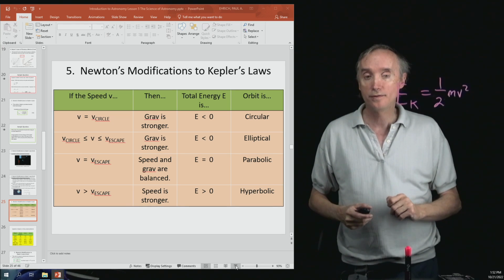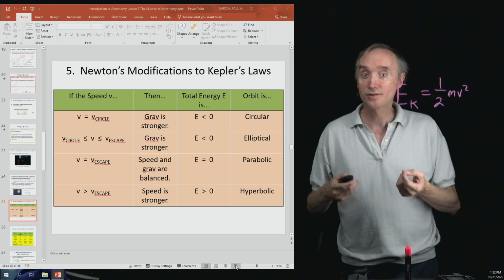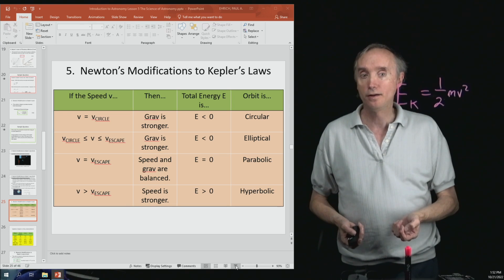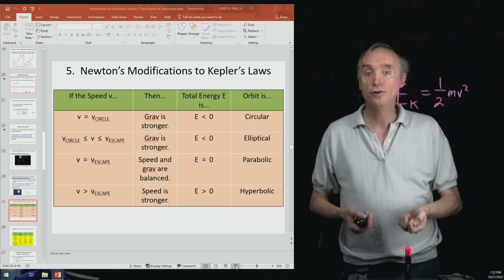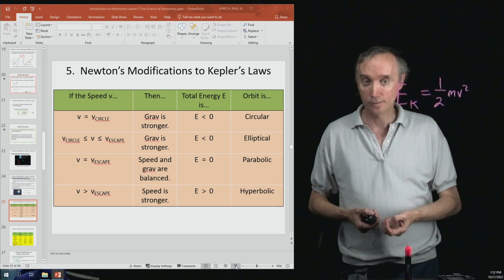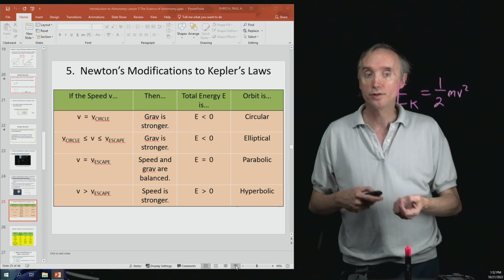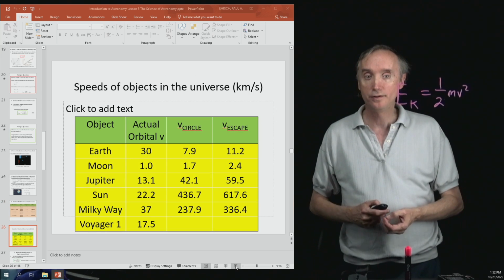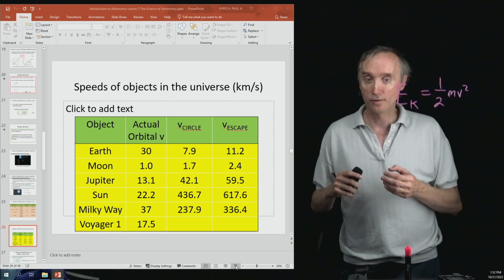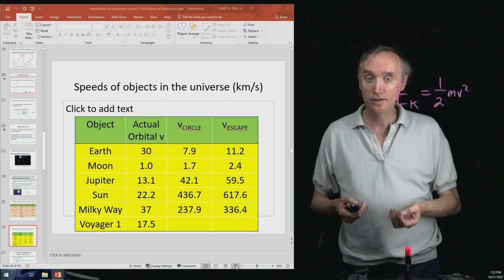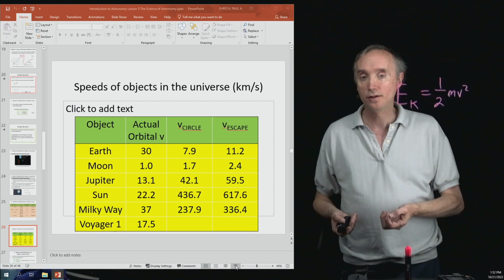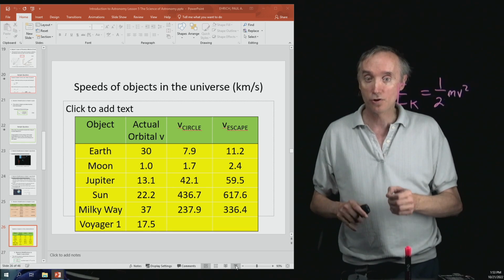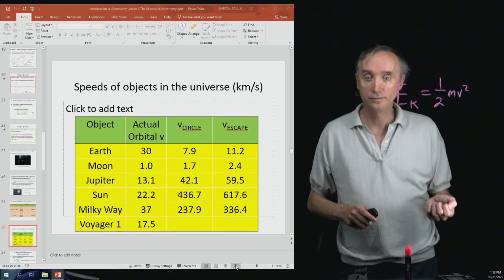Now, if the speed is this critical escape speed, it escapes and has the parabolic orbit, and then finally you can go even faster than the escape speed, and then you go into the hyperbolic orbit. There are formulas that can be used to calculate the escape speed and the circular speed, and I'll show those to you later.